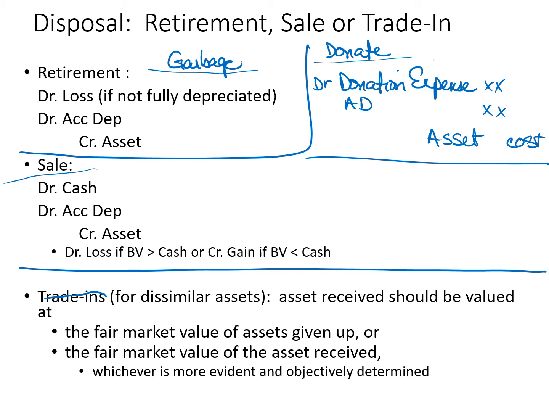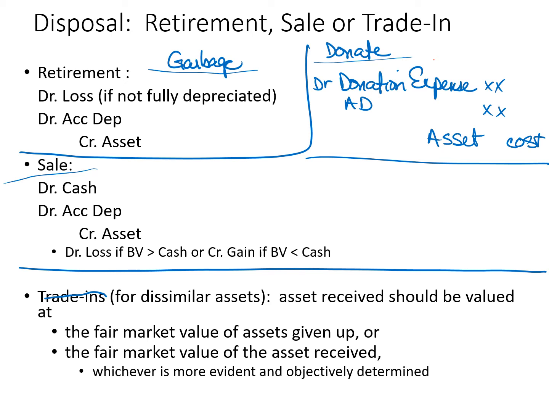Those would be dissimilars. So what you do is you treat it as if it was a sale, and then acquiring the second asset. If it's similar, it's a little bit more complicated and probably beyond the scope of this class.